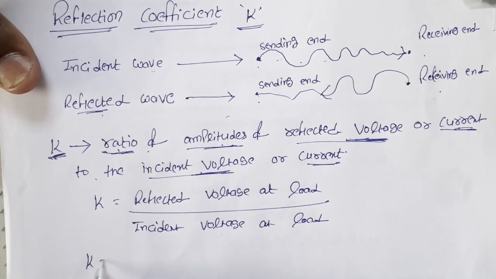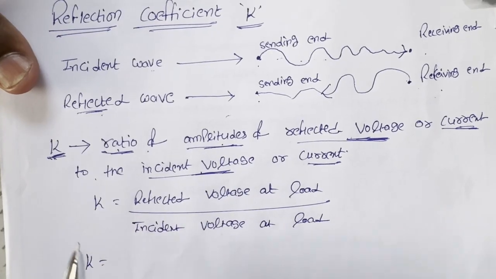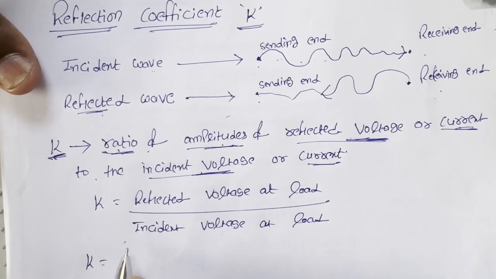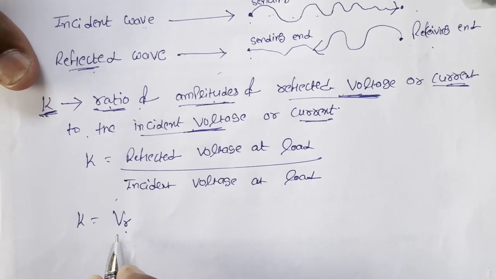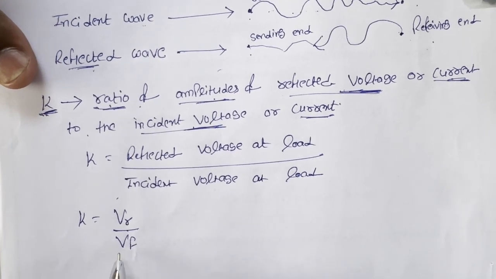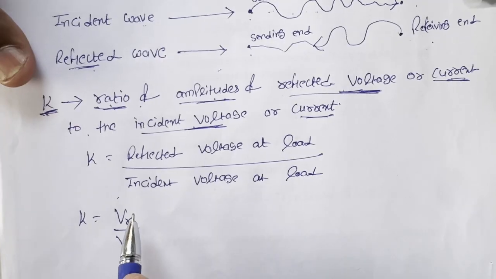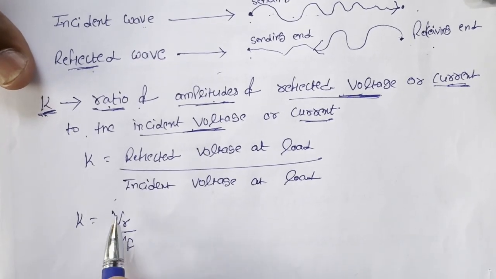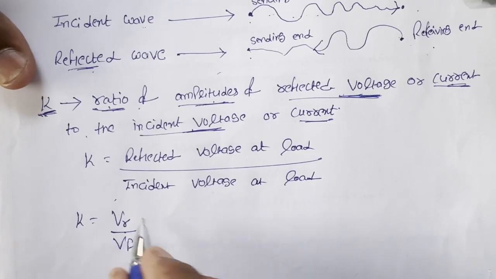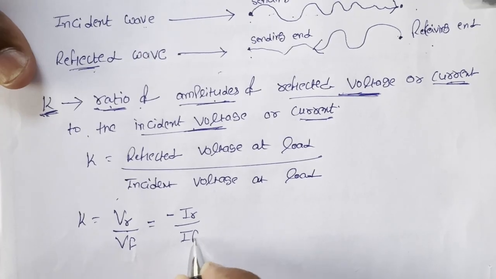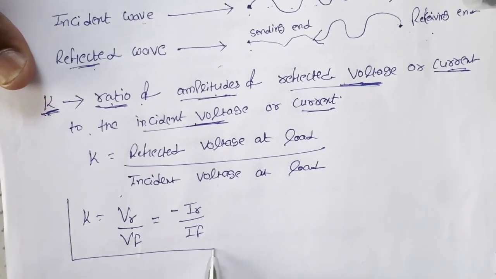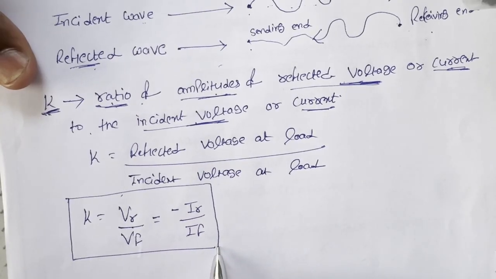It can be represented as reflected voltage VR by incident voltage, that means forward voltage VF. It is the forward voltage and it is the reverse voltage: VR by VF. Or in terms of current, it can be written as minus IR by IF. It is the formula for reflection coefficient.